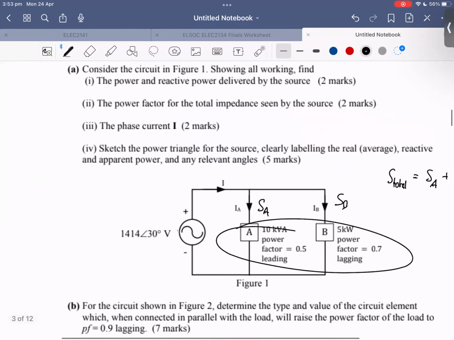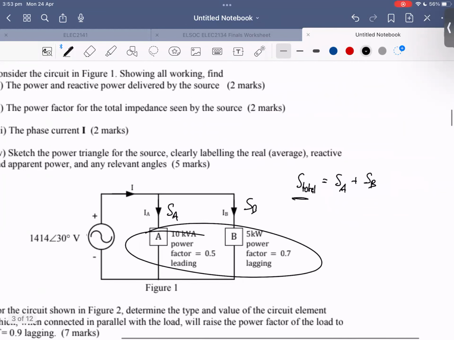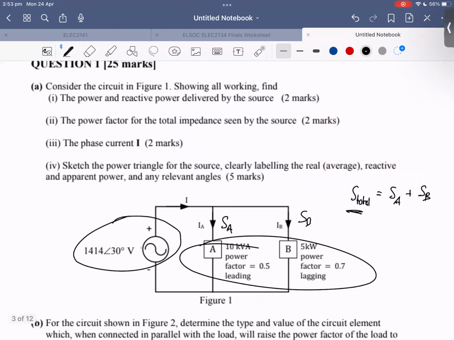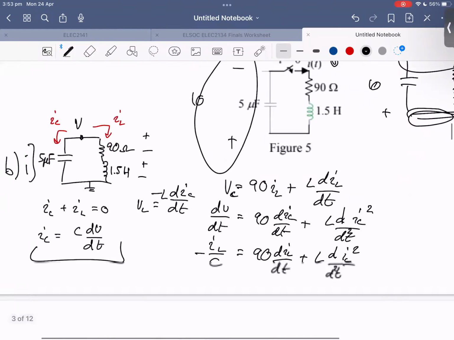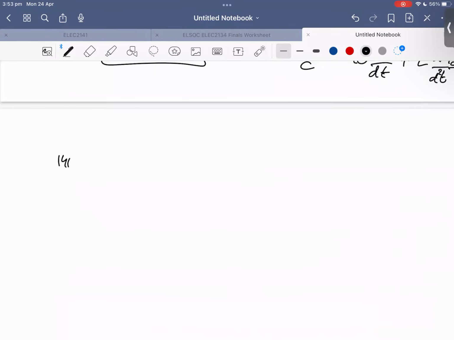If we want the total power delivered by the source, we're going to have to find S total, because this is the source and it's delivering power to both of these loads. So if we just add them up, we should be able to get the total complex power. I'll redraw what I have here. So it's 1414 with a phase of 30, and that is a source.